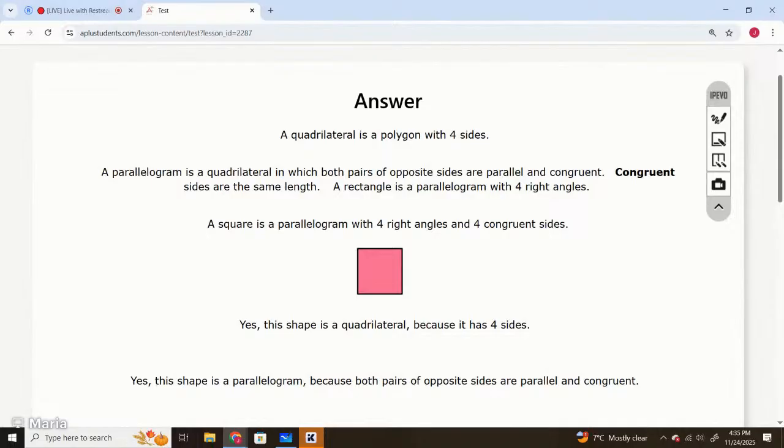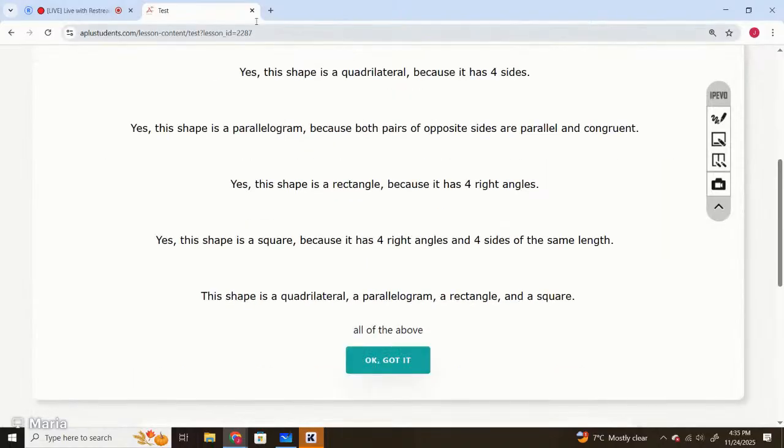Yes, the shape is a quadrilateral because it has four sides. Yes, this shape is a parallelogram because both pairs of sides are parallel and congruent. Yes, this shape is a square because it has four sides that are equal in measurement.